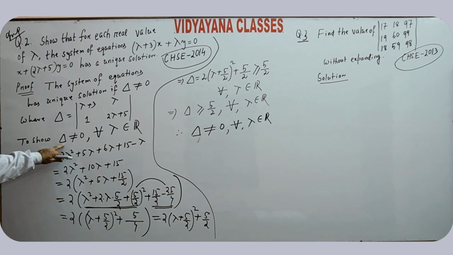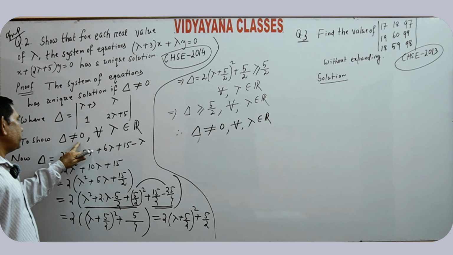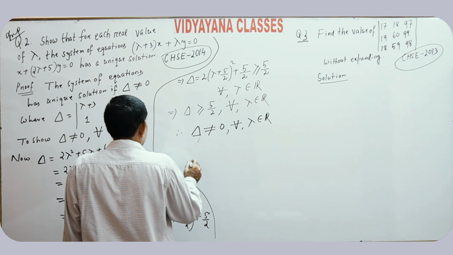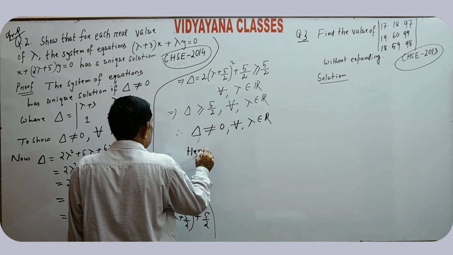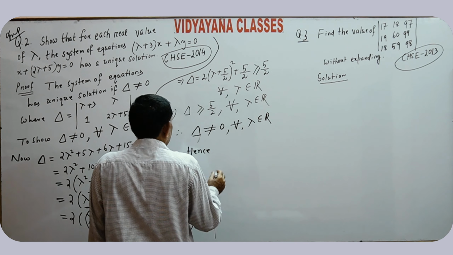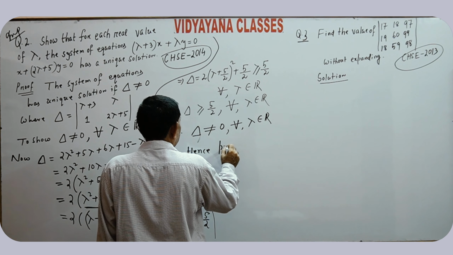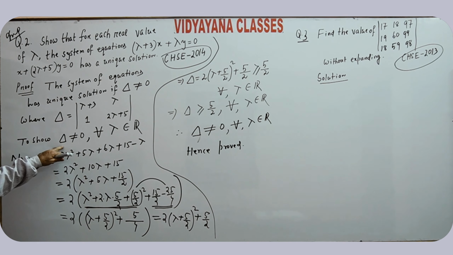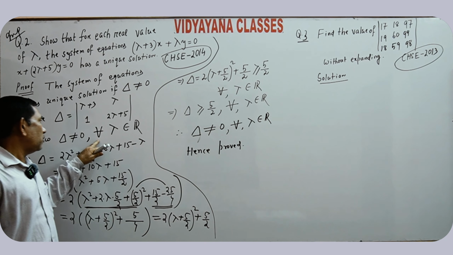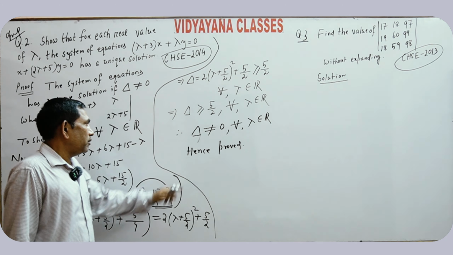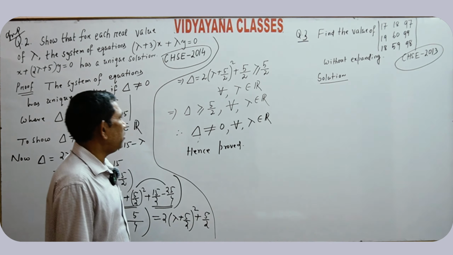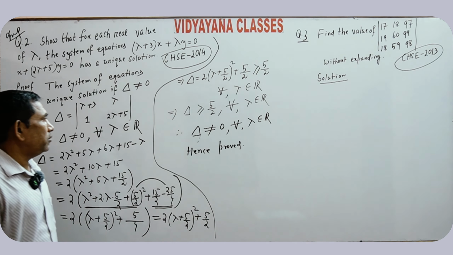To show del not equal to 0 for all lambda belongs to R. Hence the statement is proved. Here del not equal to 0 for all lambda belongs to R.